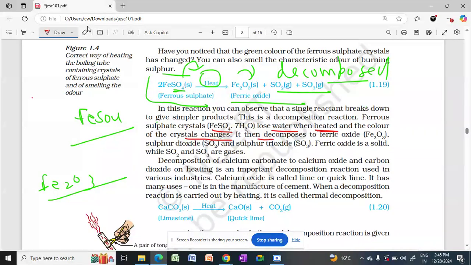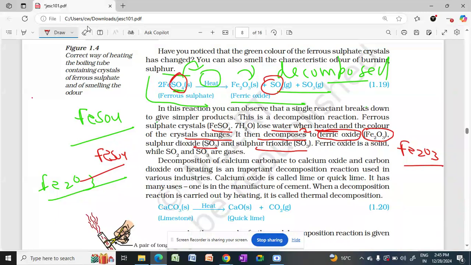Then this FeSO4 is decomposed, and it will give you ferric oxide, that is Fe2O3. And again you will get two gases, sulfur dioxide and sulfur trioxide. Ferric oxide is a solid, but SO2 and SO3 are gases.